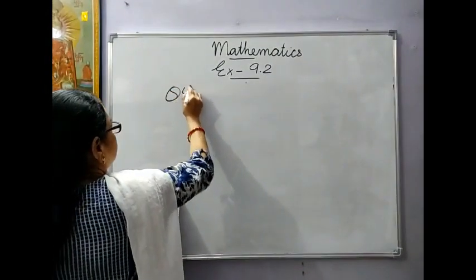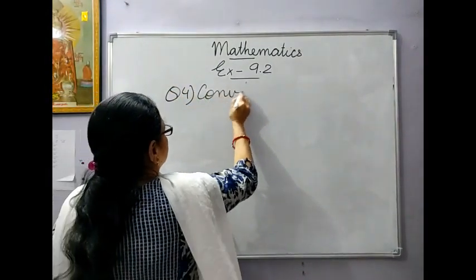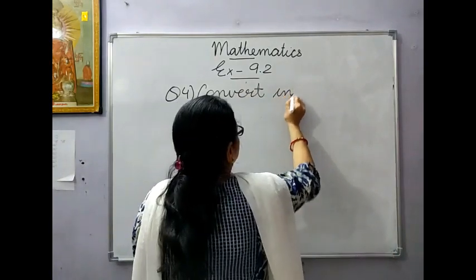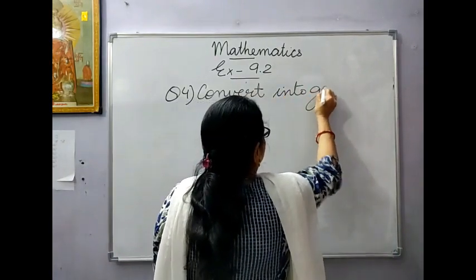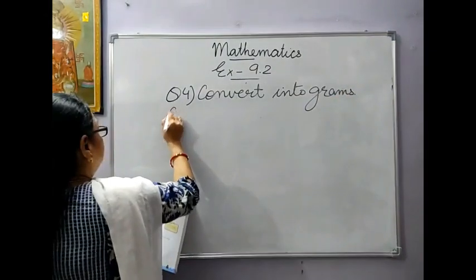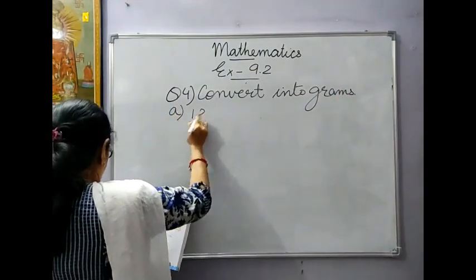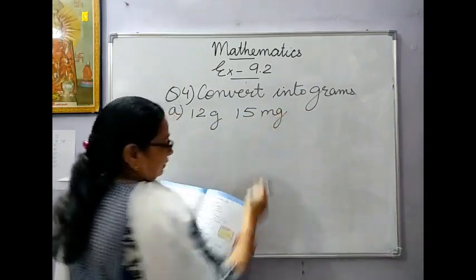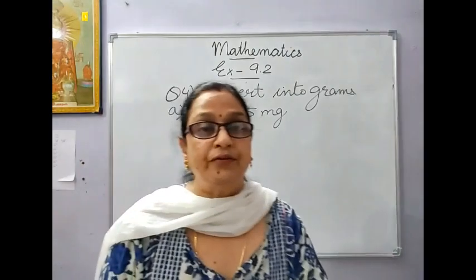Question number 4, convert into grams. Okay, first one, sum number A, 12 grams 15 milligram. The question is you have to convert into gram.